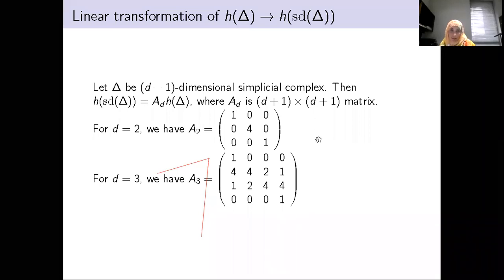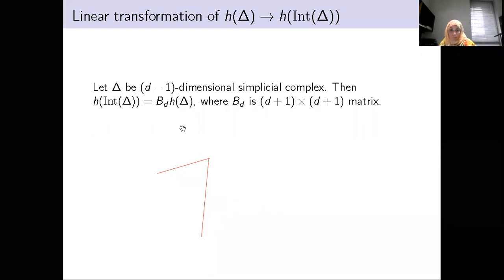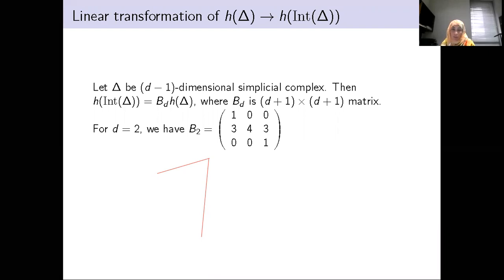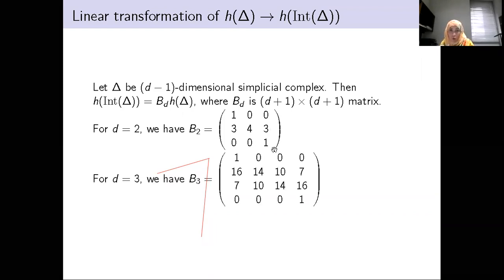This is already known, and what we study here is the interval subdivisions. When we study this linear transformation, we get something like this. From here you cannot guess what is going on, but if you go further, you get similar properties.